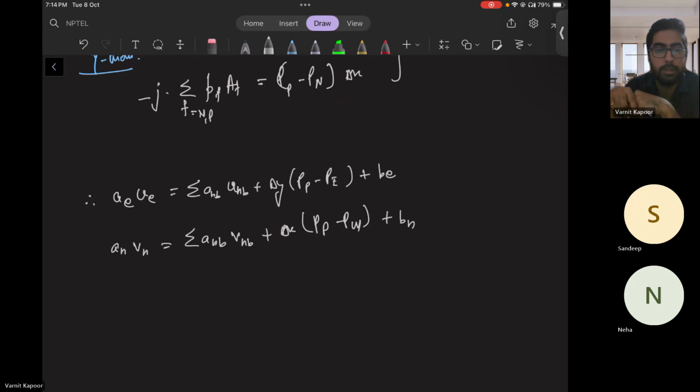So there are u and v values that we have to use while writing this equation. Similarly, while writing the equation for north, that is Vn, the neighbors are north, north, south, northeast and northwest.